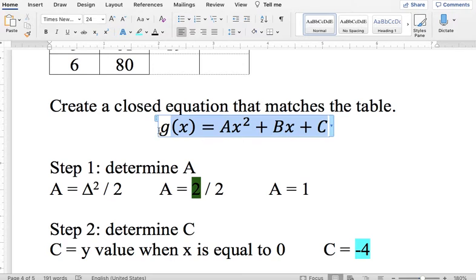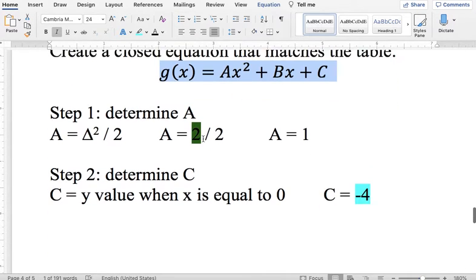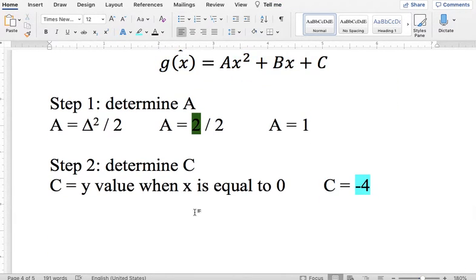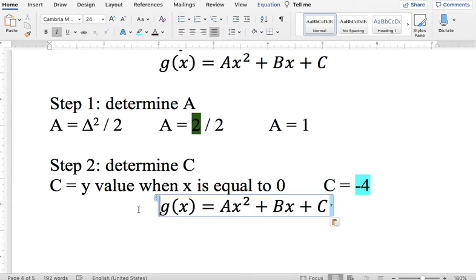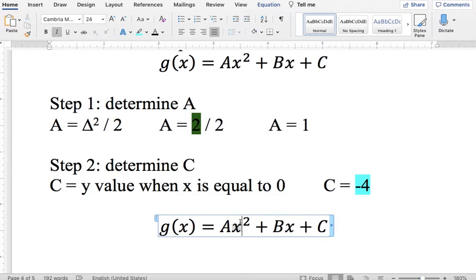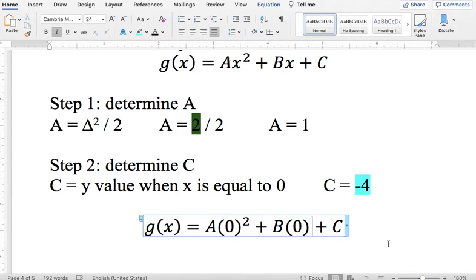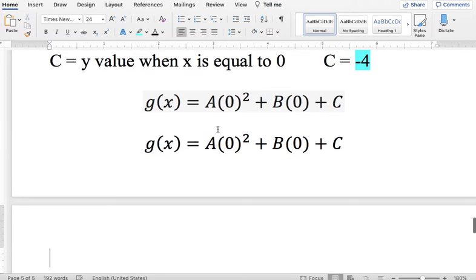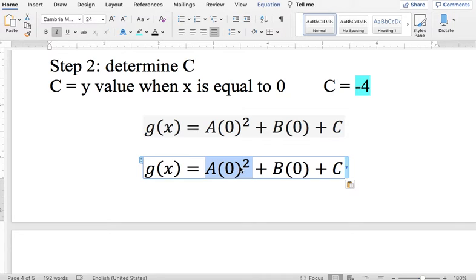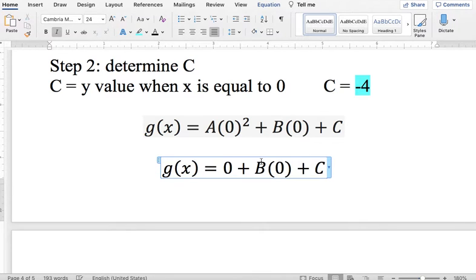And I guess I didn't explain why that actually works earlier, but just so you know, if you have this equation, and I were to change all my x's to 0, well, 0 squared times a is just 0.